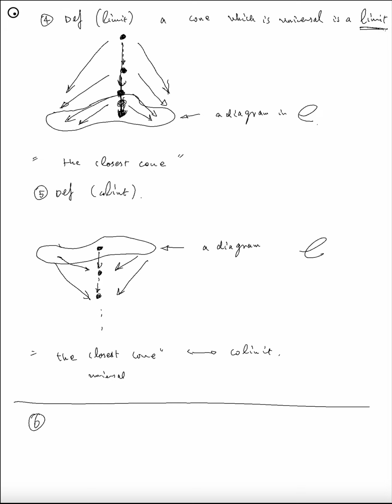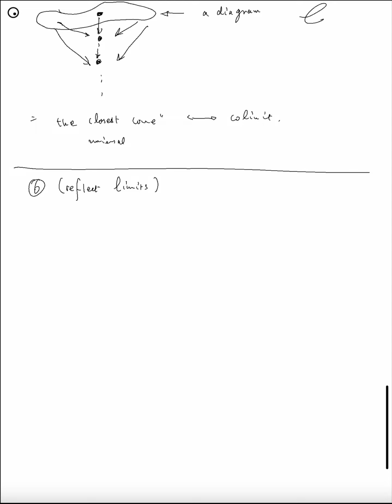Six: what do I mean by reflects? Reflect limits. So this video would be more like preparing for the next video, but I'm still going to do an exercise at the end of this video.